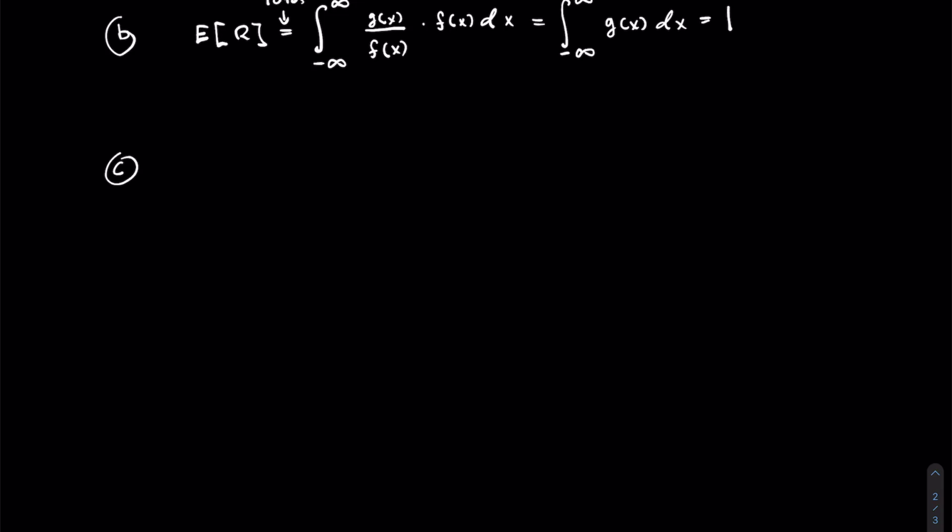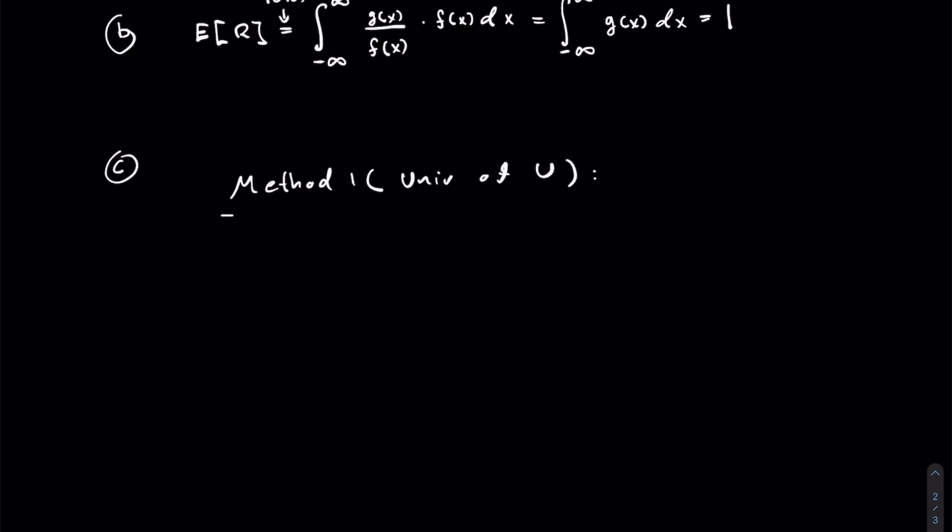All right. So there are two ways to think about this problem. We're going to start with the most obvious one, which we would call method one. Just use the universality of the uniform. What does it mean?